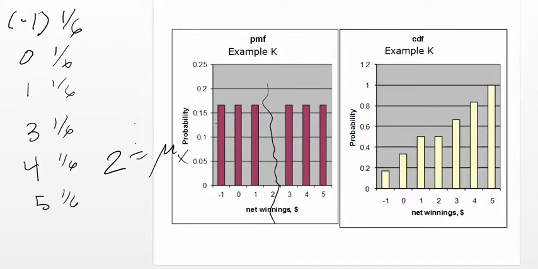You can't get a net winnings of 2, yet that is the mean value, or the expected value of this distribution. So is it worth playing the game? Well, on average, you can expect to win $2 with a typical draw. So not a bad game, but you're not going to become a high roller very quickly. That's it for case K.